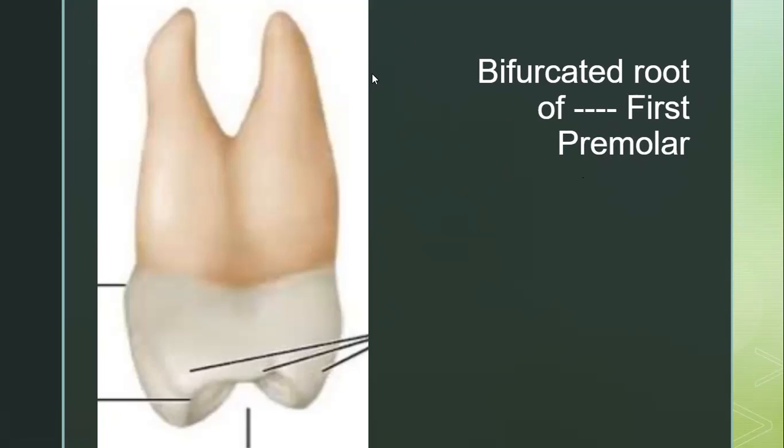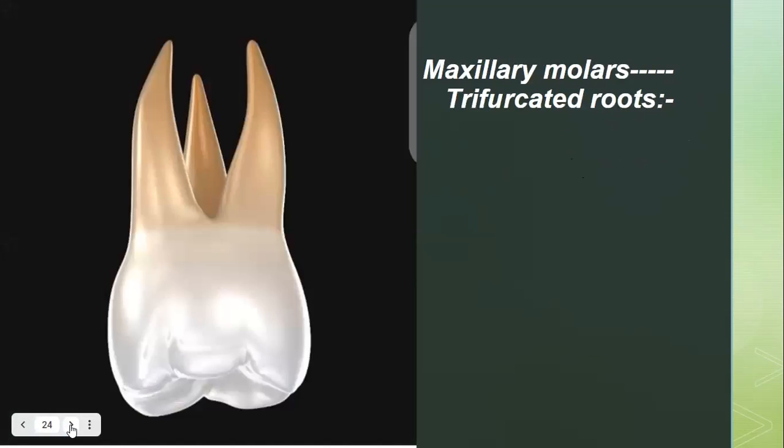First premolar has a bifurcated root and second premolar has a single root in the maxilla. But in the mandible, both first premolar and second premolar will have a single root. There won't be any sort of bifurcation found in the mandibular premolars.